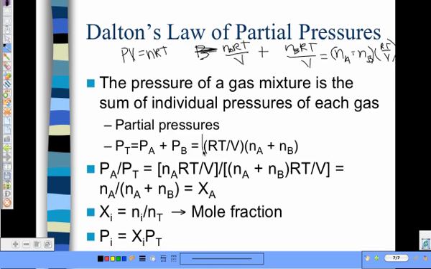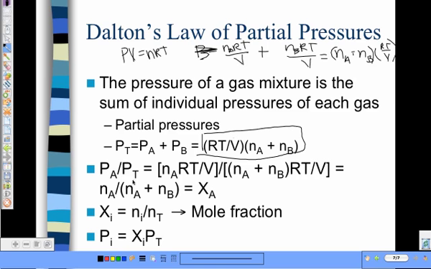Which is how we get this right here. Because the only thing different is the number of moles. Their temperature and volume are the same. n is the number of moles. R is constant. Yep, R is 0.0821.